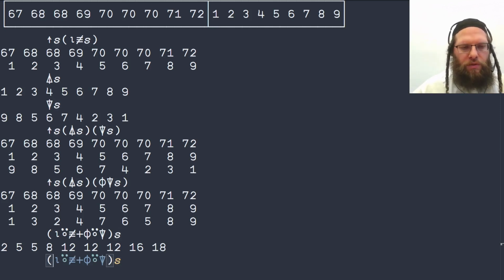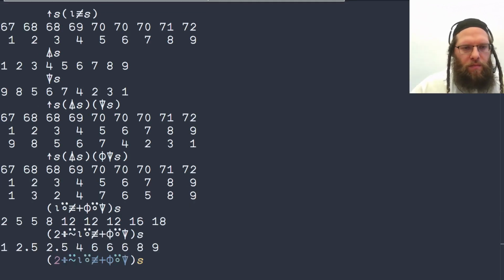Now we just need to divide it by 2. So we could use parentheses and do division by 2, but we can also flip the arguments of the division symbol, so it takes what you divide by on the left, and that gives us the result that we want. So we can call this h.